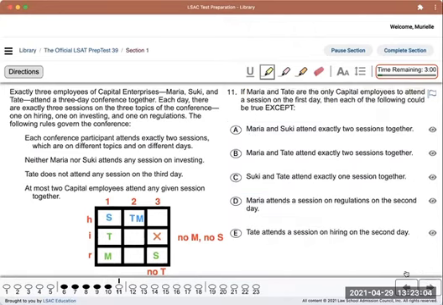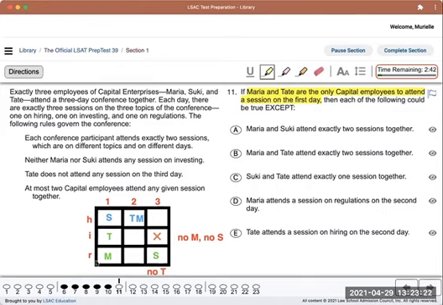Right. Okay, last question, and we do have a question-specific condition. If M and T are the only capital employees to attend a session on the first day, right? So that means S doesn't attend anything on the first day.